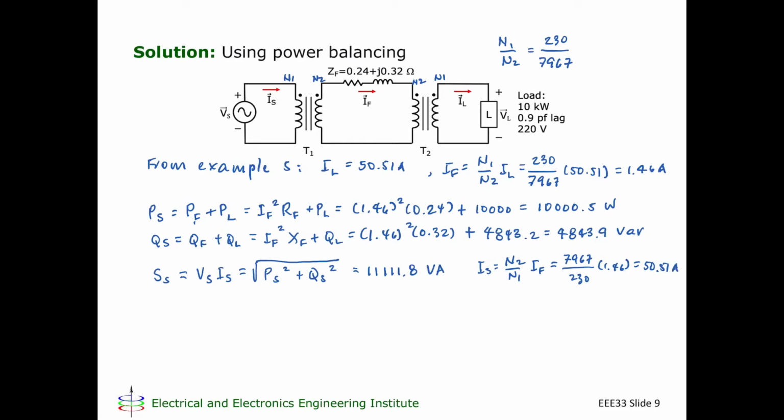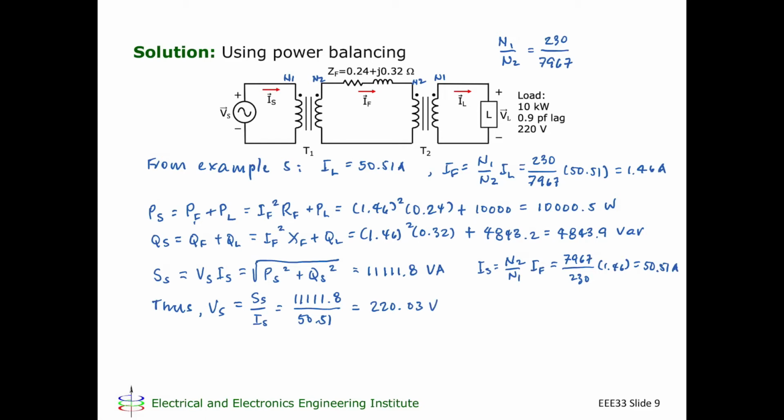Thus, V_S is equal to S_S over I_S. So this is equal to 11111.8 divided by 50.51, which is now 220.03 volts.